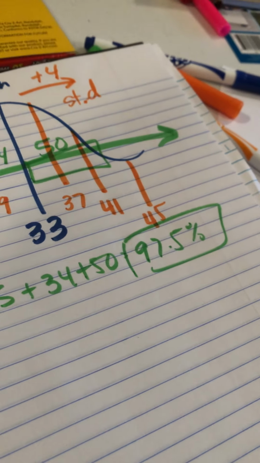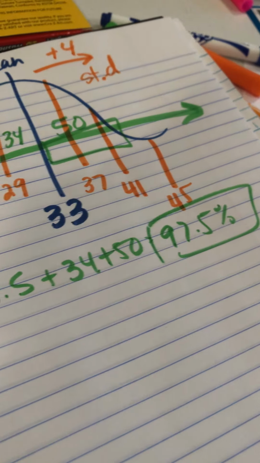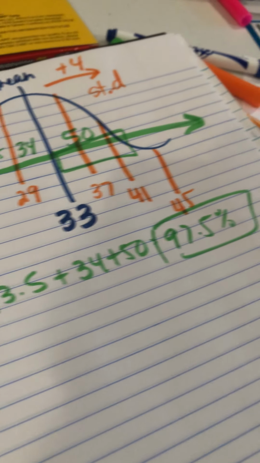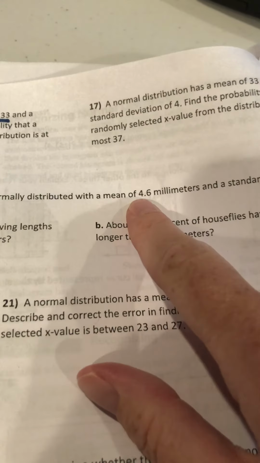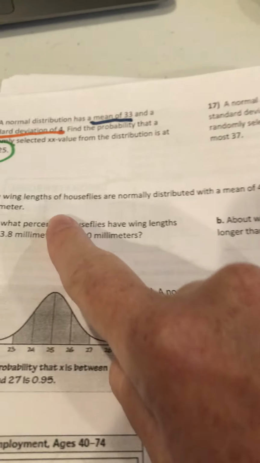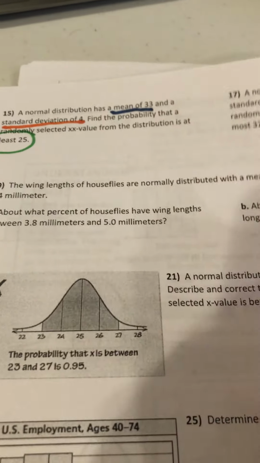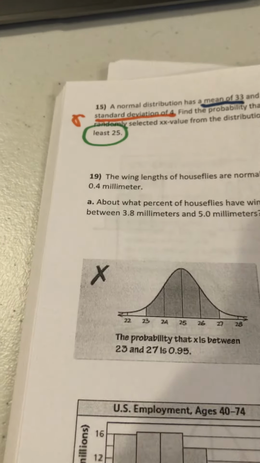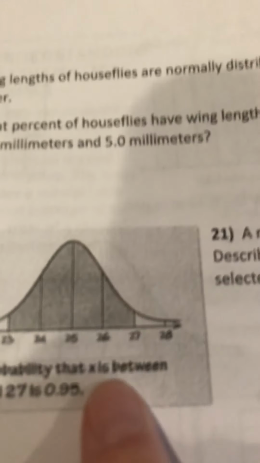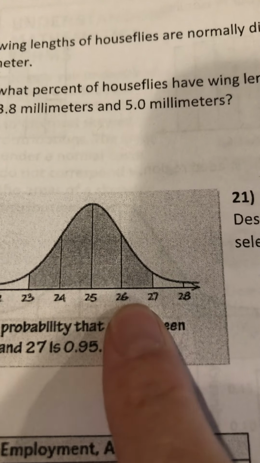Okay, I'm just gonna check and see if there was anything else in this lesson. I don't think so. Let's check out this error here. So like this one, the mean 4.6, that would go in the middle, and then you would add 0.4 to the right and subtract 0.4 to the left. It says this has a mean of 25 and a standard deviation of 2, but do you see how this went from 25 to 26 to 27?